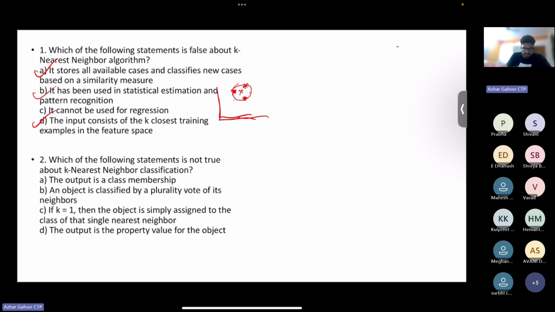Let's say k is equal to 3. Then the regression output will be equal to the average of the values of these three k neighbors. So the correct answer is C.